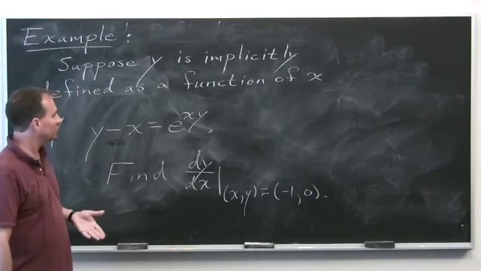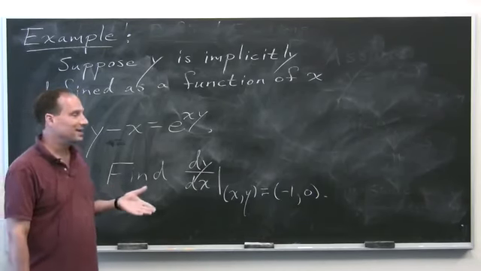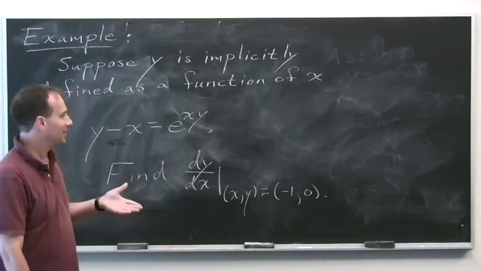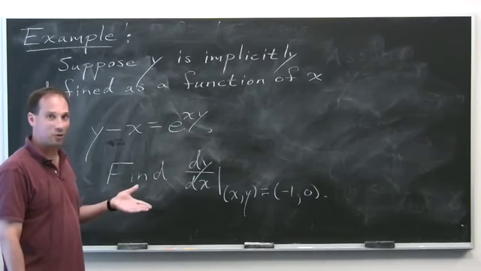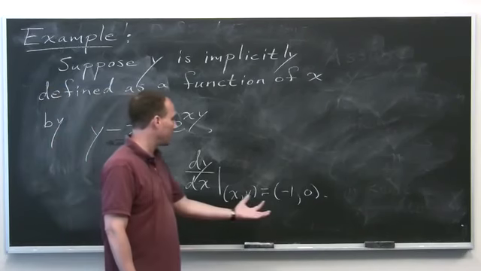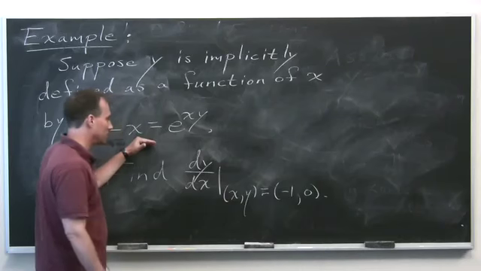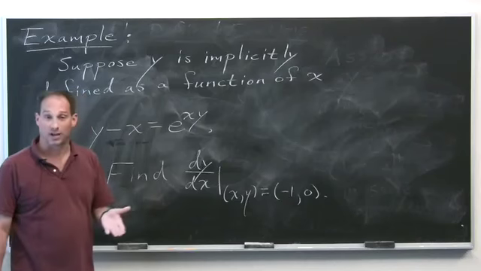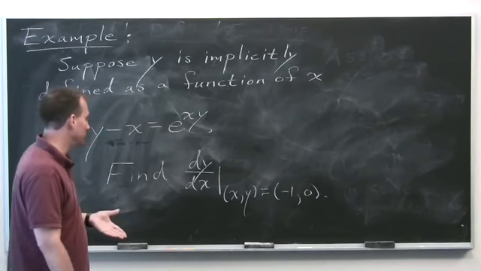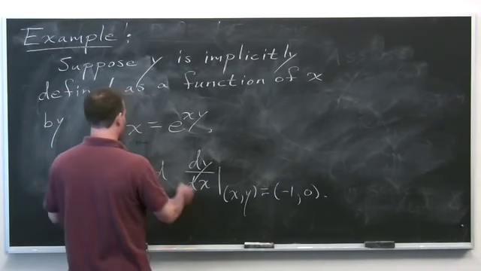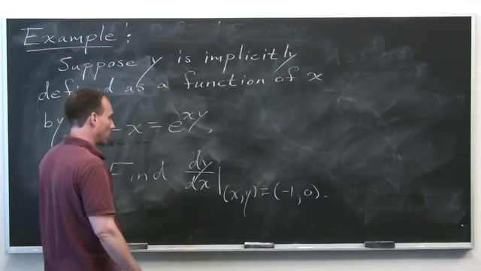One thing you should do, just because it would save you some time and could help you avoid having to do a problem at some point, is make certain that this point xy actually satisfies the equation. If it doesn't, then there's a mistake in the problem, and you just shouldn't go on, because you're supposed to be finding this derivative at some point that actually satisfies this equation.